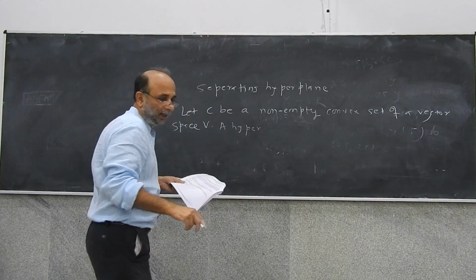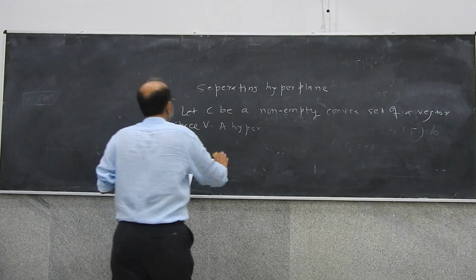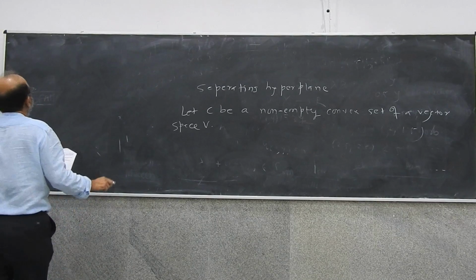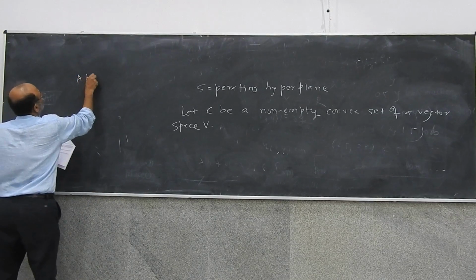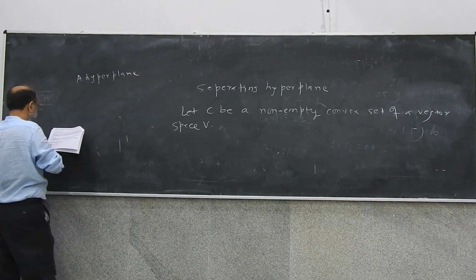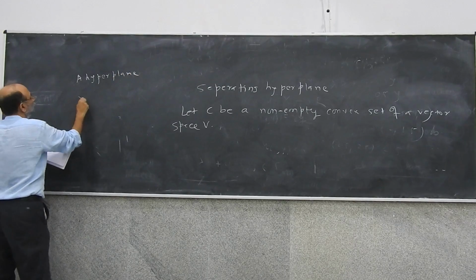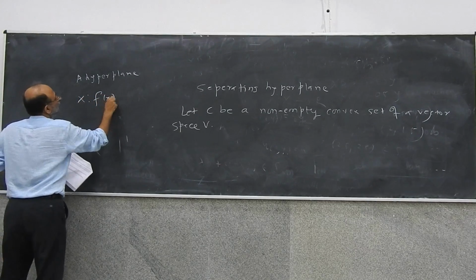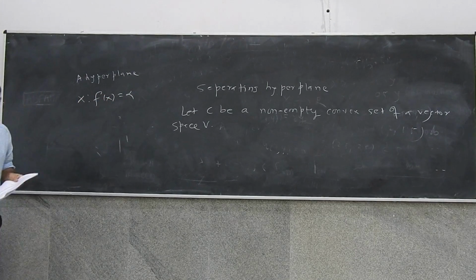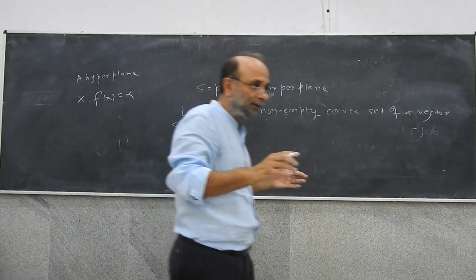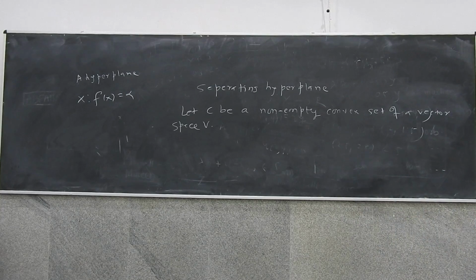First, let me define a hyperplane for you. The set of all points x so that f of x is equal to some constant alpha is a hyperplane.